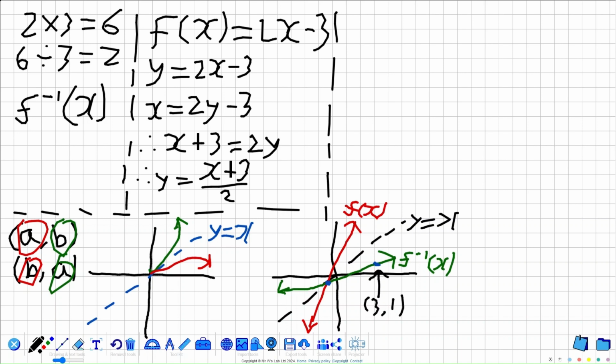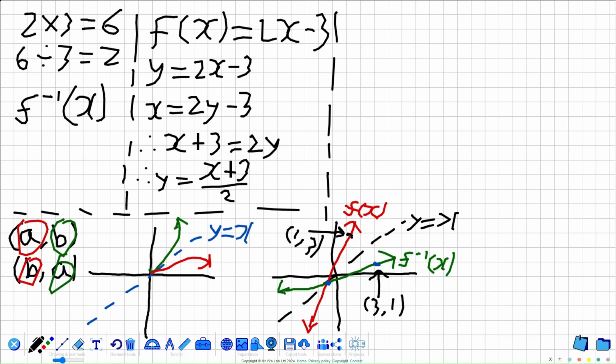Despite my crappy drawing, we'd find that the inverse would give us something along here, where it would end up being 1 and 3, which looks decently close on this graph.